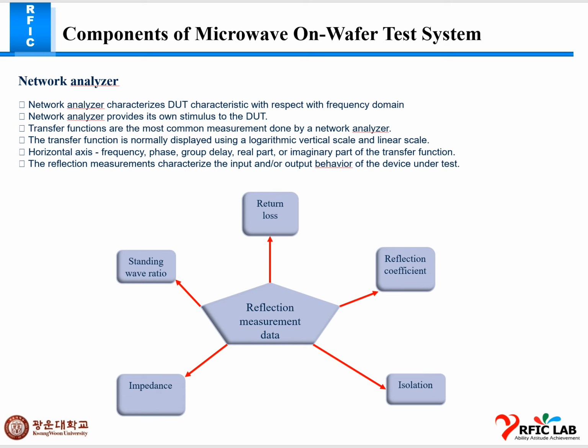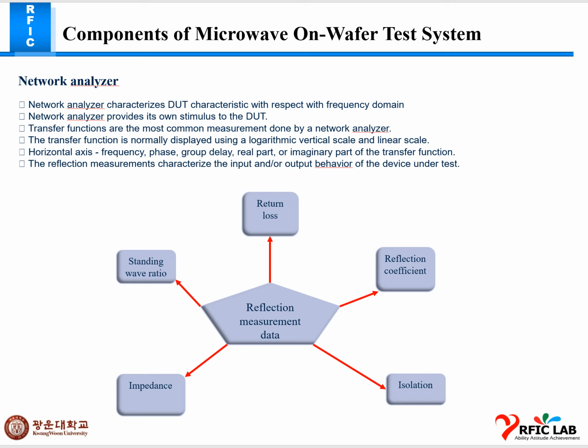This is further divided into the network analyzer and more. First of all, I am going to explain the network analyzer part. A network analyzer characterizes the DUT with respect to the frequency domain, and it also provides its own stimulus to the DUT. The transfer function is the most common measurement done by a network analyzer.